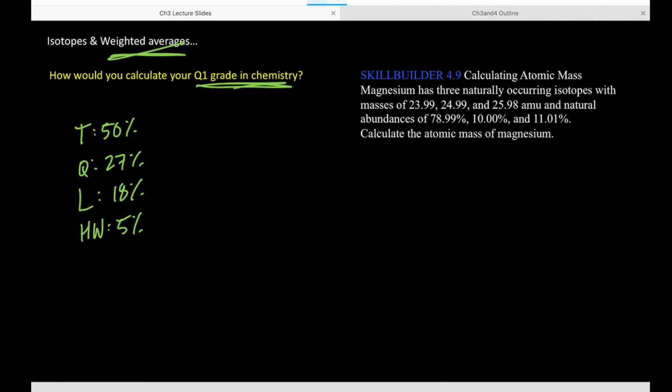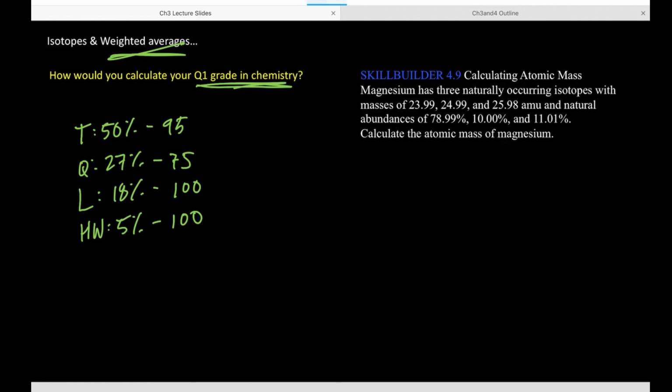So what that means is, let's just run a number here. Let's say your test average is a 95, and your quiz average is a 75. Your lab average is a 100, and your homework average is a 100. So if we were going to set that up, thinking about basic math stuff, when we do math with percents, what do we always do?